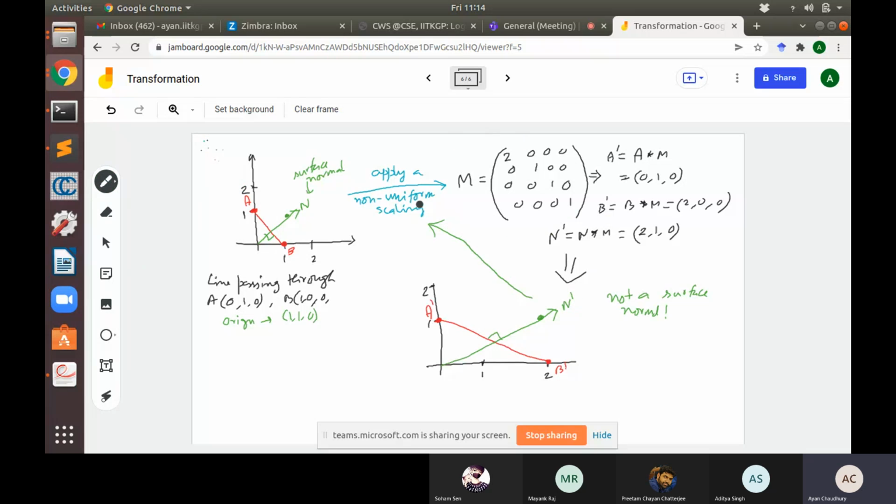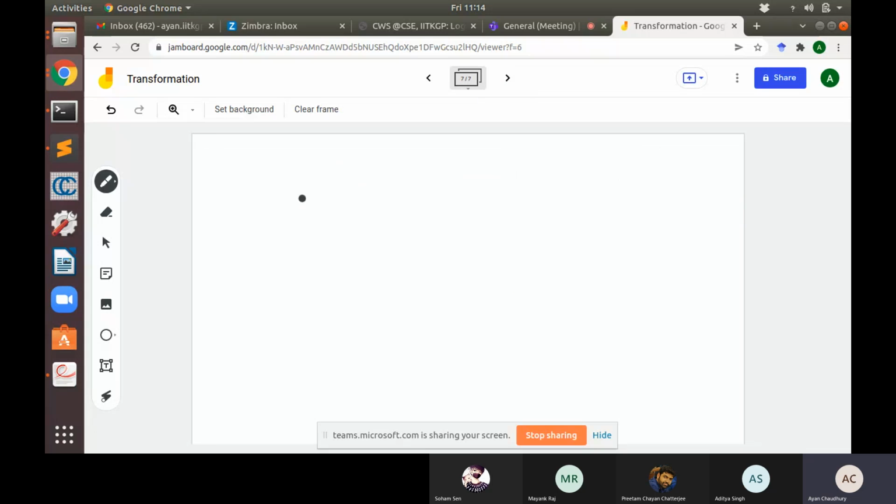Okay. But this can be done pretty efficiently. How to do this? So let's say this is your surface, and let's say this is the plane that contains a normal. Okay. And this is your surface normal. Let's call this P, and this is N. Okay. So when we transform the plane, P prime is equal to MP, let's say M is the transformation matrix for the case of plane, okay?